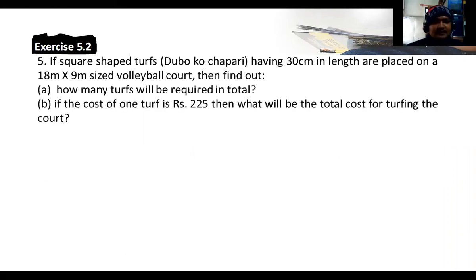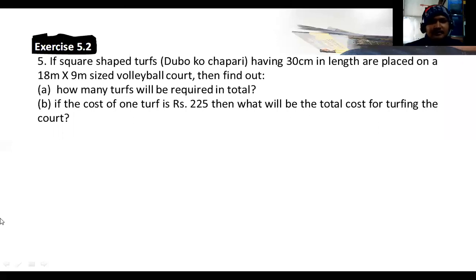Second, if the cost of one top is rupees 225, then what will be the total cost for topping the court? So two things we have to calculate. At first, how many tops will be required? Secondly, the cost of one top is given. If we get the number of tops from question A, we can multiply it with rupees 225 to get the total cost.